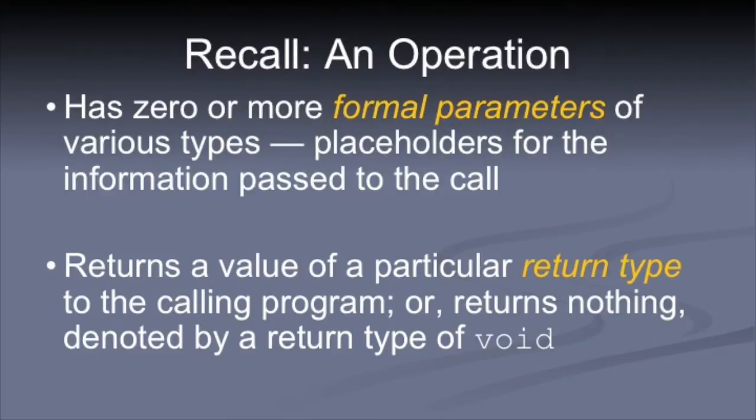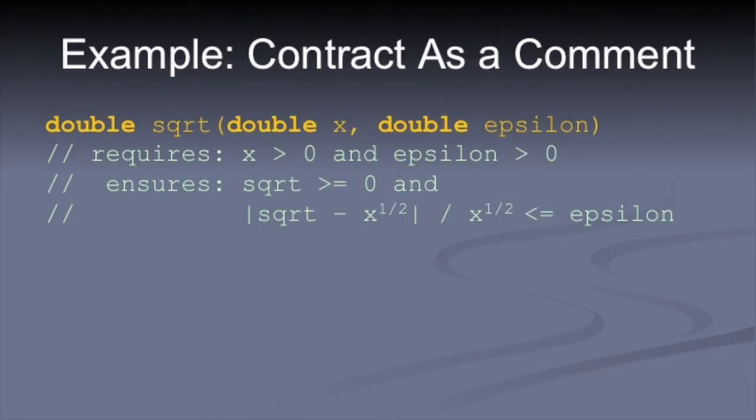Remember, an operation has 0 or more formal parameters which serve as placeholders for information being passed to the operation. And if the operation has a non-void return type, then the operation will return a value based on that return type. The job of this operation is to compute the square root of a number declared as a double. The requires clause indicates that the x and the epsilon parameters must be positive.